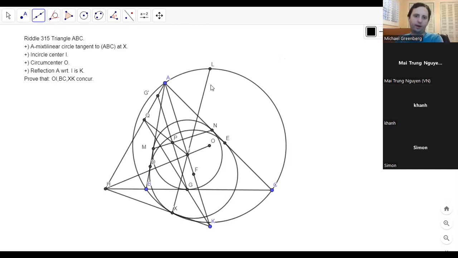So we also have A, I, K and the point at infinity are harmonic. And maybe we could project those through G onto something.